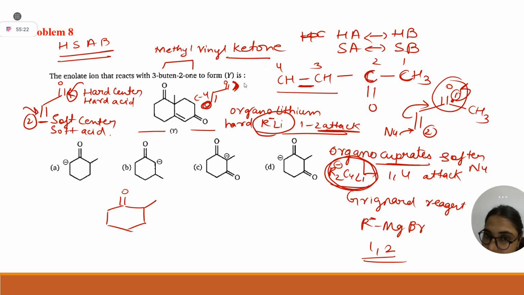So the negative charge intensity is more on R in case of lithium than in cuprates. So wherever charge intensity is more, that will be hard, and wherever it is less, that is soft. Acids are positive electron deficient centers, and where there is electron density, that is base. This is simple hard acid, hard base, soft acid, soft base. HSAB principle. I hope it is clear.